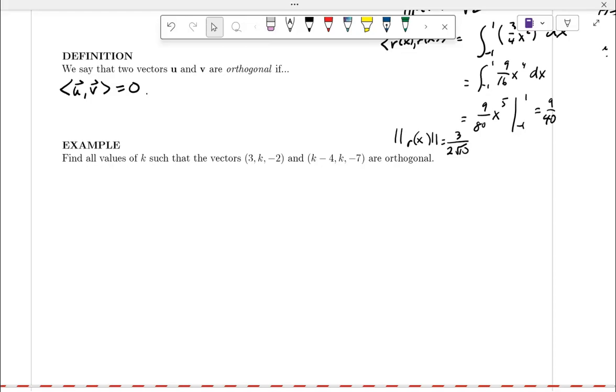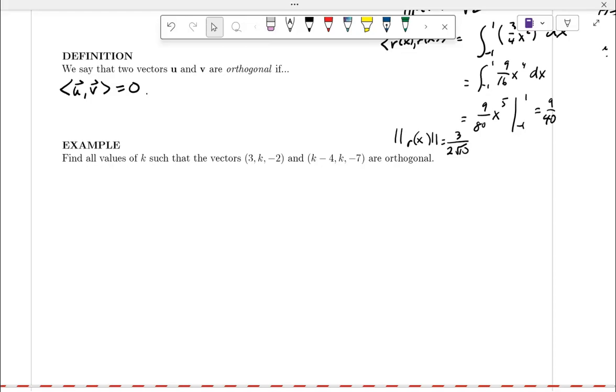In particular, if you've got your Rn vectors, Euclidean vectors, assume it's just your regular old inner product. If you've got functions, assume it's got integral inner product. And it'll always tell you on what interval you're talking about doing that integral over. So these are Euclidean vectors. You're not told there's any strange inner product, so we're assuming it's a regular old inner product.